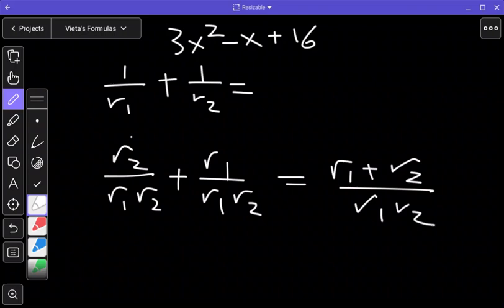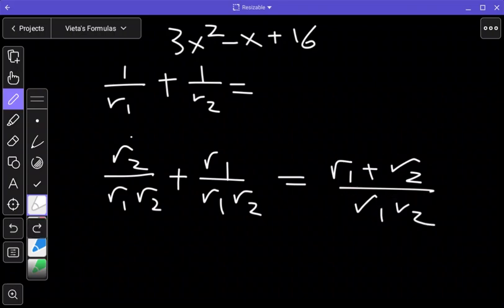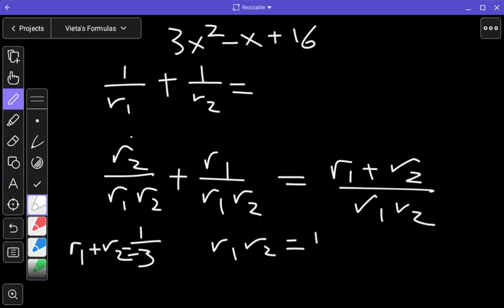And we know both what this and this are by Vieta's formulas. And so let's just do that real quick. So r1 plus r2 is equal to negative b over a, which is equal to 1/3. The product of the two roots is equal to c over a, which is equal to 16 over 3.